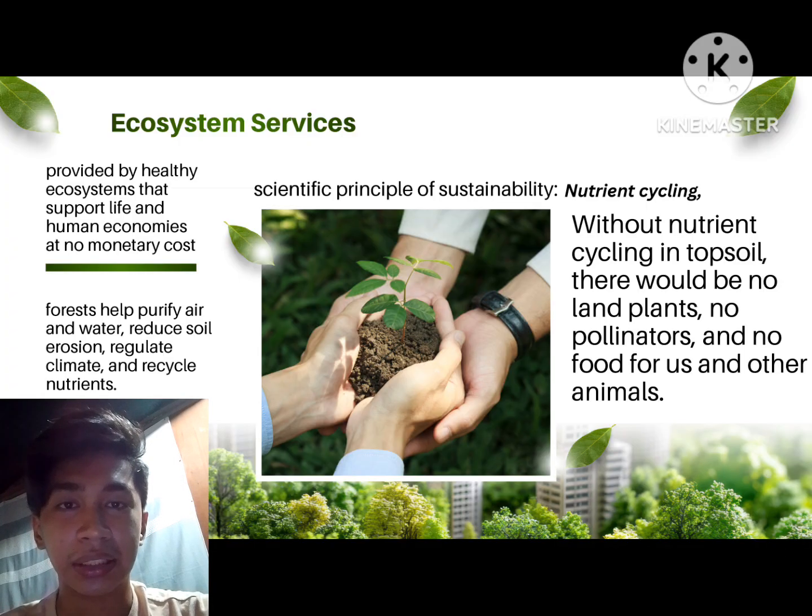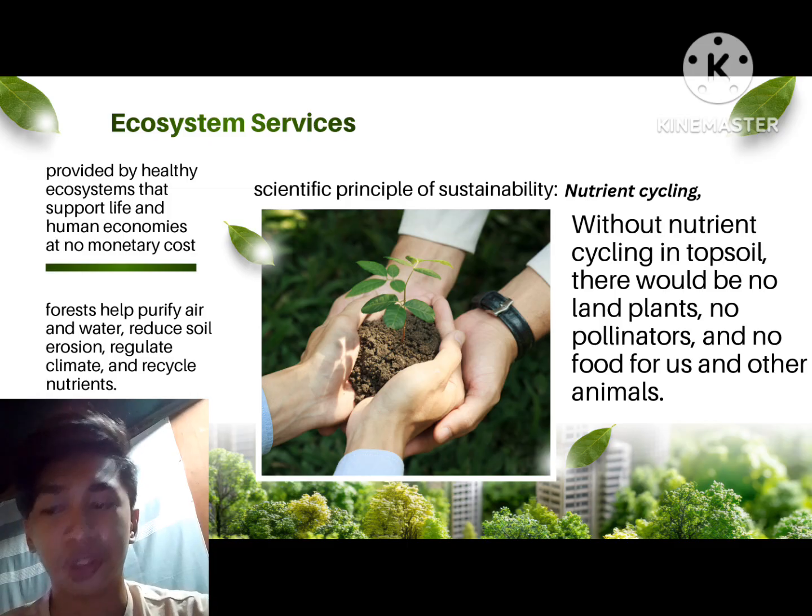Ecosystem services are provided by healthy ecosystems that support life and human economies at no monetary cost. Forests help purify air and water, reduce soil erosion, regulate climate, and recycle nutrients.